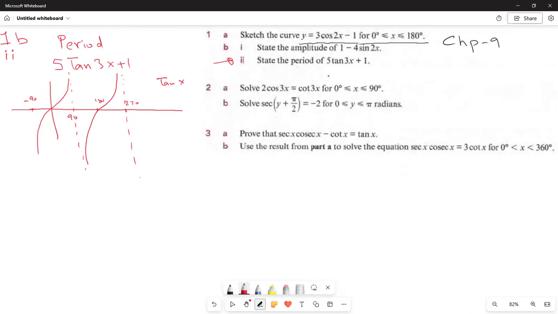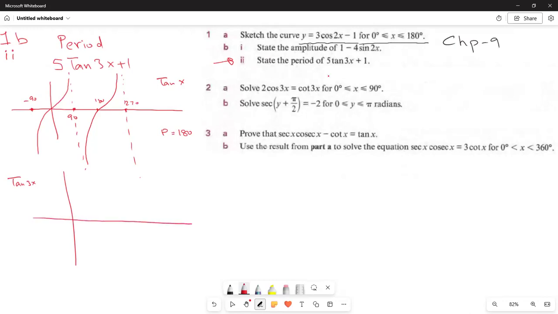So what's the period here? You can see that in this case, the period is 180, because from here to here it is 180, and from here to here it is again 180. So it is repeating after every 180. Now if I do tangent 3x, what will happen?